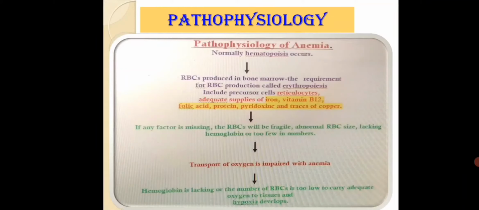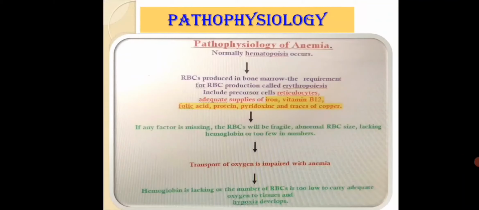There is a requirement of reticulocytes, an adequate supply of iron, vitamin B12, folic acid, protein, pyridoxine, and some amount of copper. So this is the basic requirement for production of RBCs in the bone marrow.